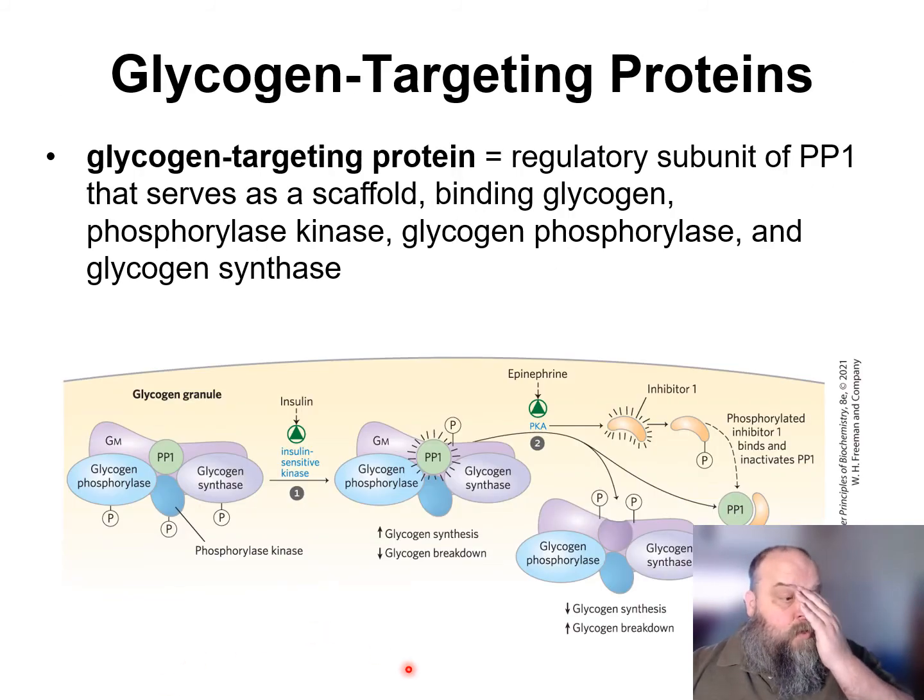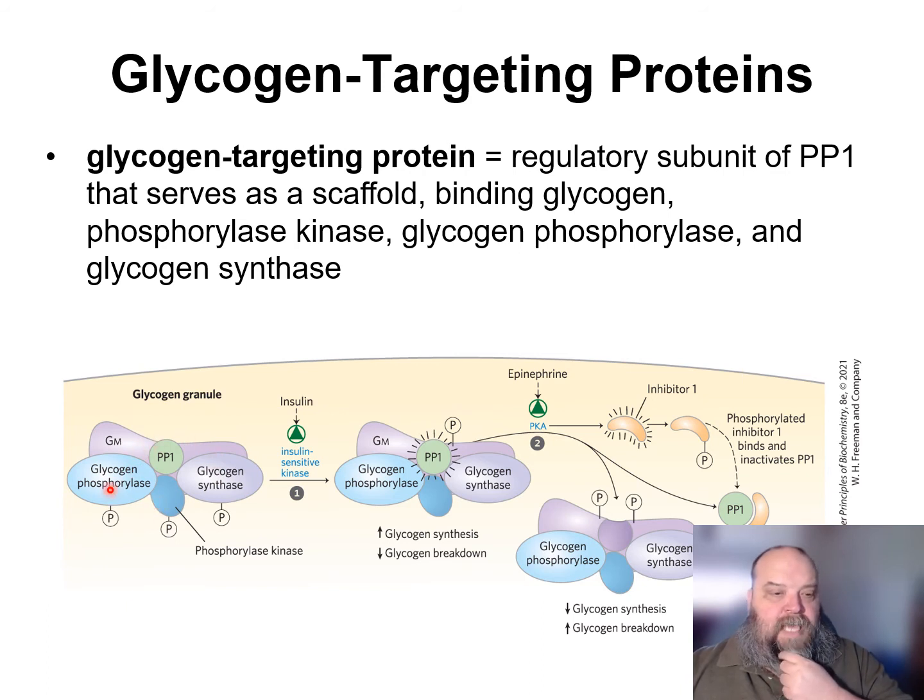For all of this to occur, what we have come to find out is all these proteins will collect together, glycogen targeting proteins. They will act as a scaffold, so everything is here together.